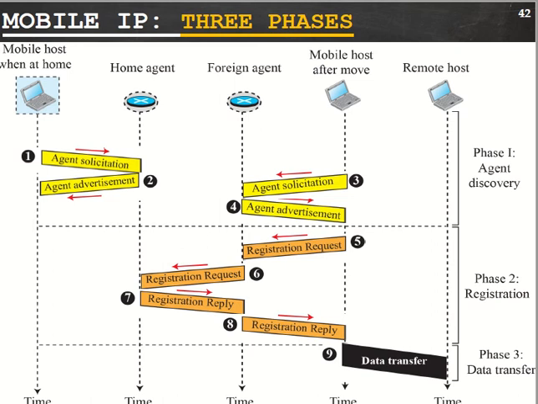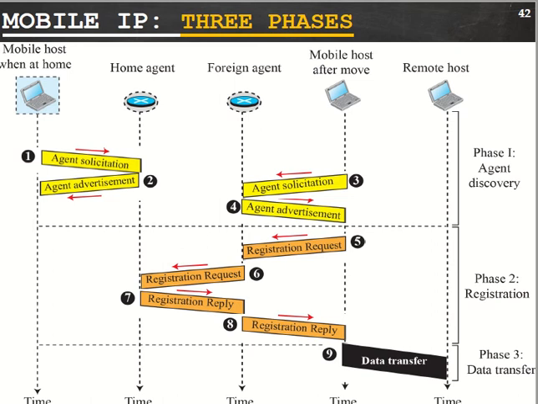In the first phase, agent discovery, it involves three parties: the mobile host, the foreign agent, and the home agent. Similarly, the second phase, registration, also involves the home agent, mobile host, and foreign agent, the same as phase 1.